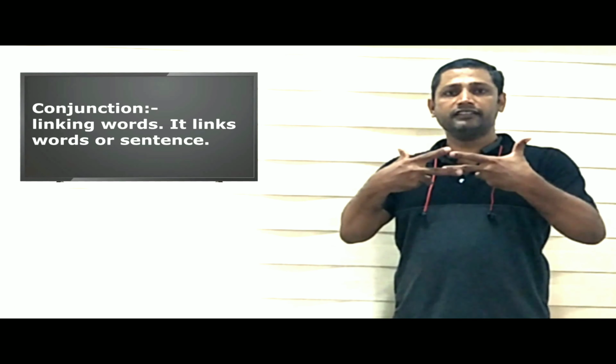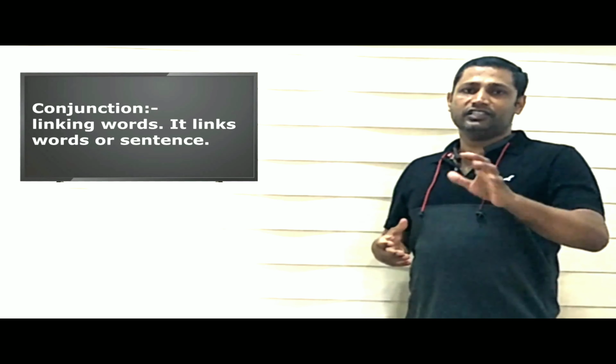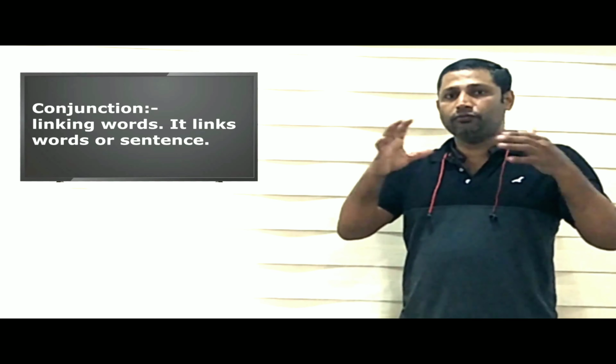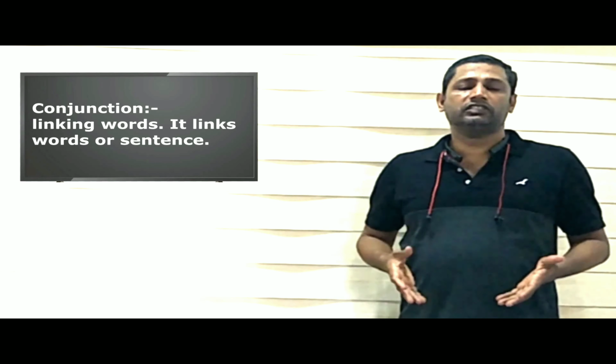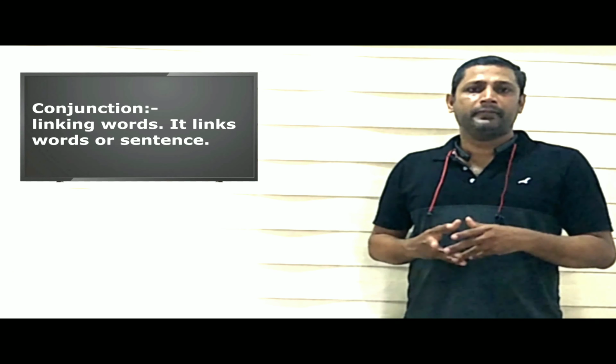These two different sentences are linked with the conjunction but. So we have got two examples for conjunction. Conjunction means words used to link different words or different sentences. Examples are and, but, something like that.